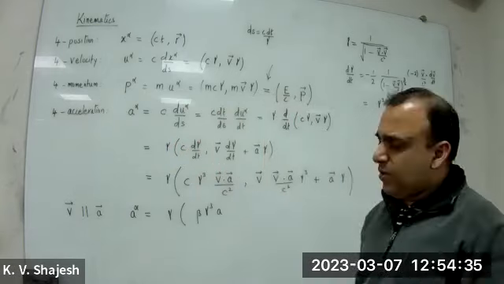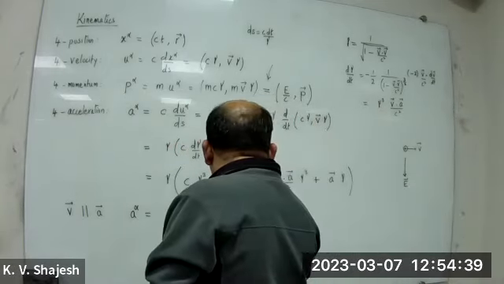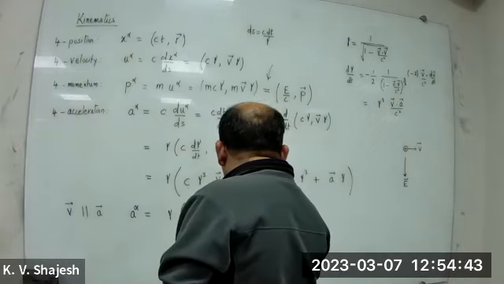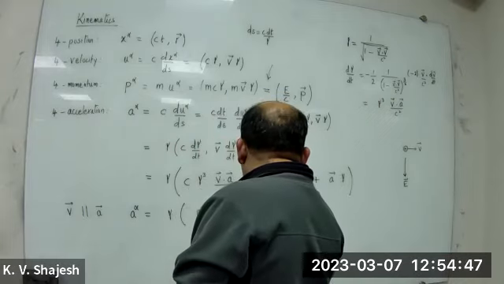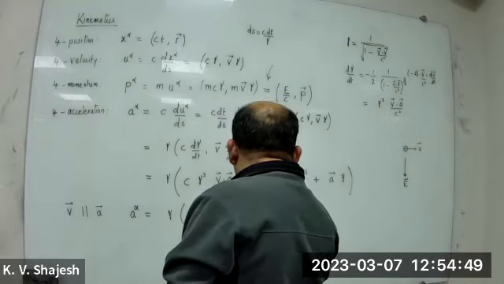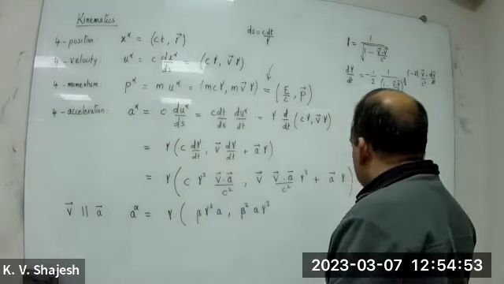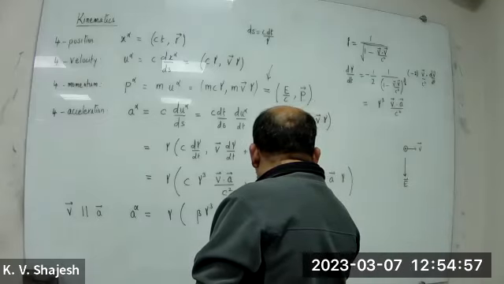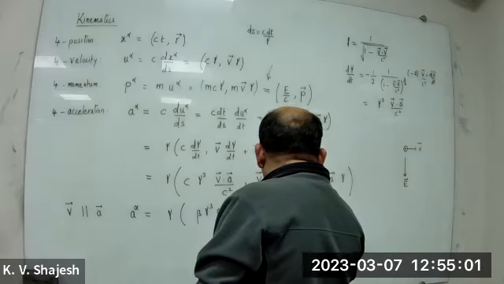They're all in the same direction. So let's say that's your acceleration A. And here we have beta square. Then we have acceleration and gamma cube, and plus acceleration again, and there is gamma.